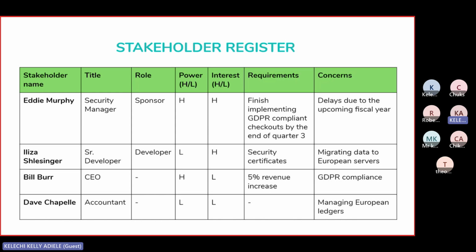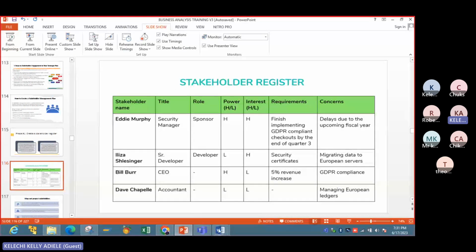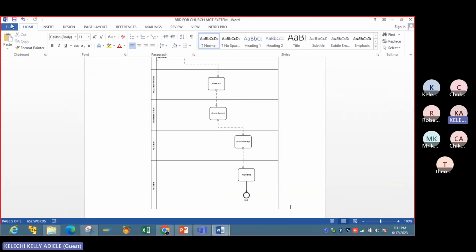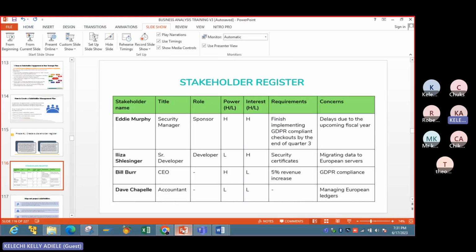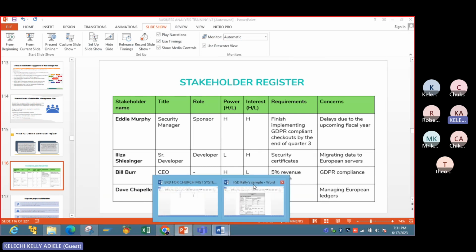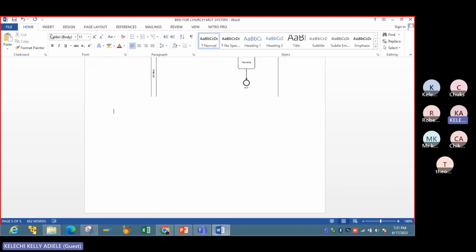So for example, I'm now going to go to my own project and build my own stakeholder register. It has 7 lines. I'm just going to do that briefly.